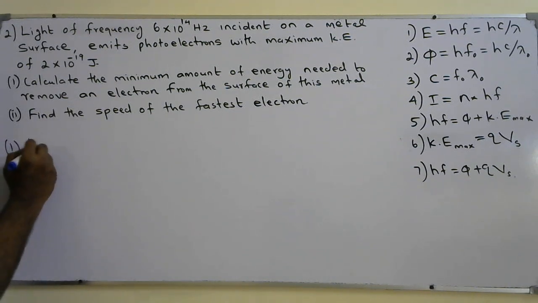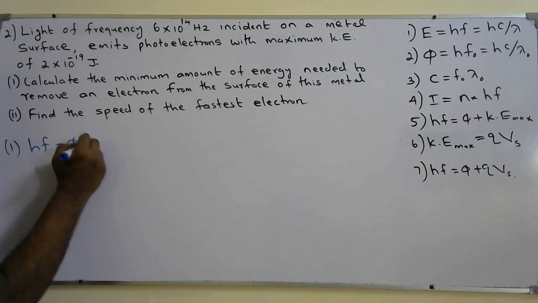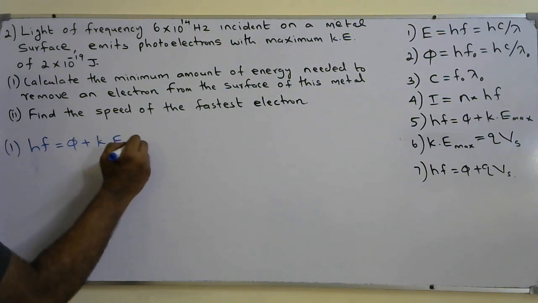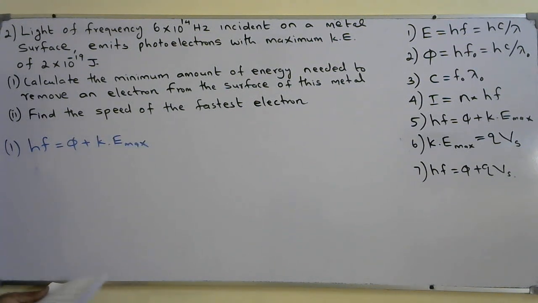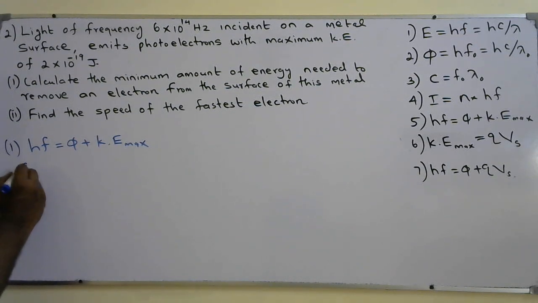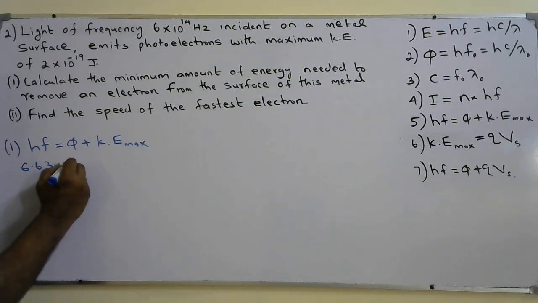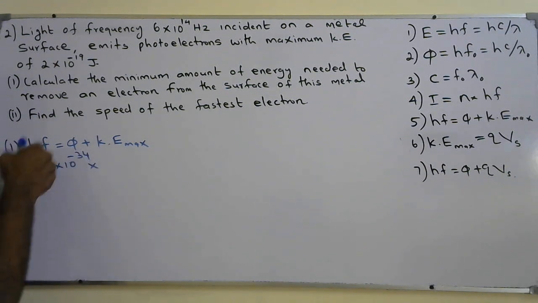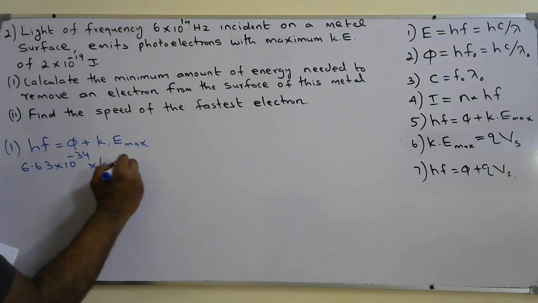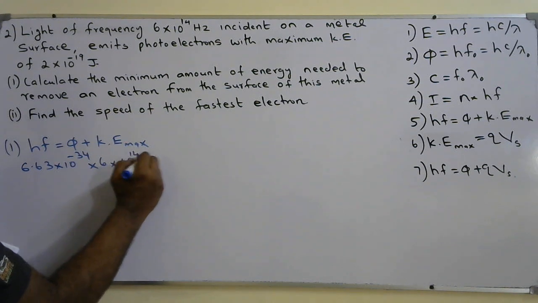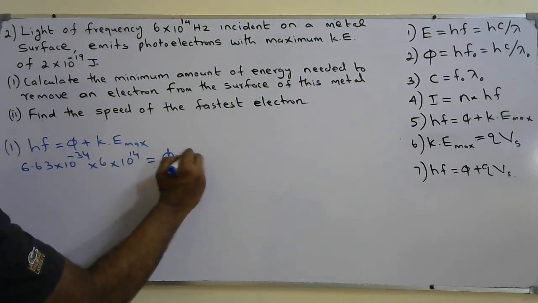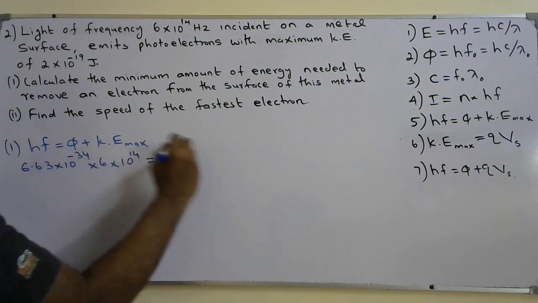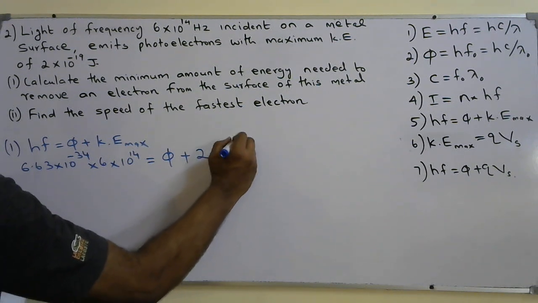So h f equals phi plus K max. There we know h is 6.63 × 10^-34. The frequency is given, 6 × 10^14, equals the work function, which is the question, plus the maximum kinetic energy, 2 × 10^-19.